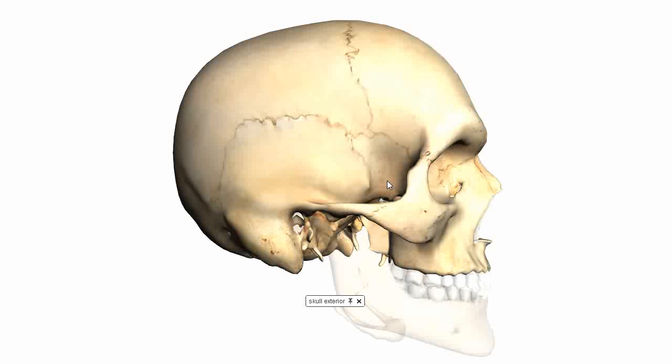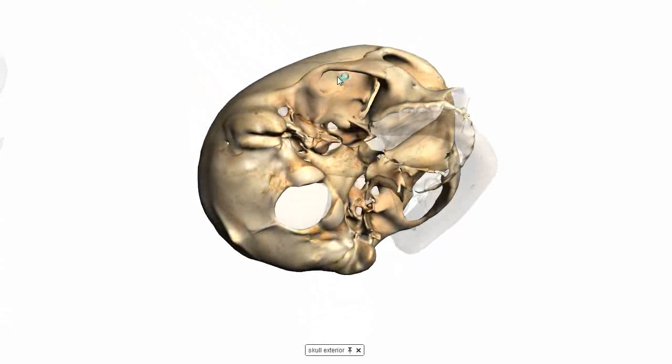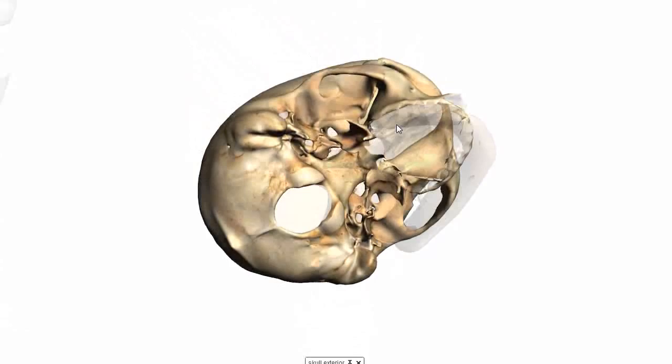So what you need to know about the sphenoid is that it consists of a body, two greater wings, two lesser wings, and two pterygoid processes. So the best way to show you it is, again, if you follow it as I rotate the skull inferiorly, you can just keep an eye on the greater wing here, and as I rotate it round, you still see the greater wing here.